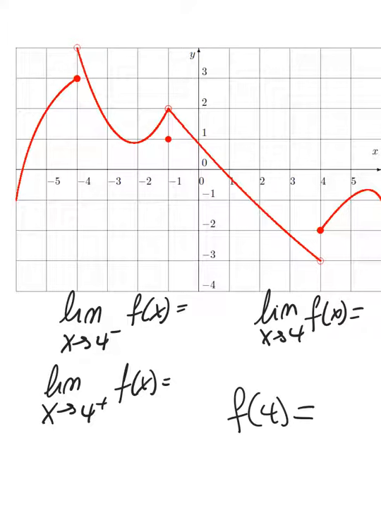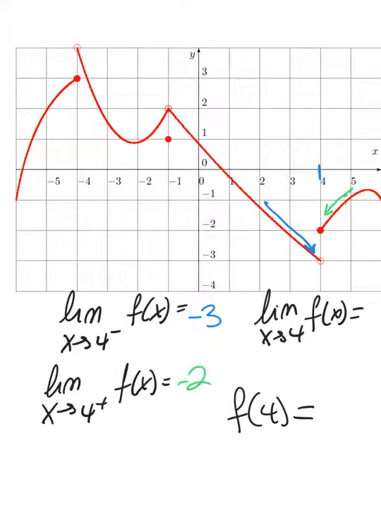All right. 4 from the left. Here's 4. I go a little bit to the left of it. That's this graph over here, that line. As I get closer and closer to 4 from the left, my y is getting closer to negative 3. 4 from the right. That's this graph right here. As I get closer and closer to 4 from the right, my y is getting closer and closer to negative 2.